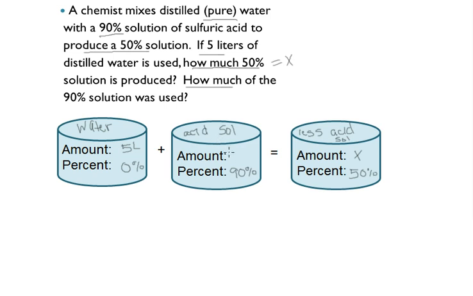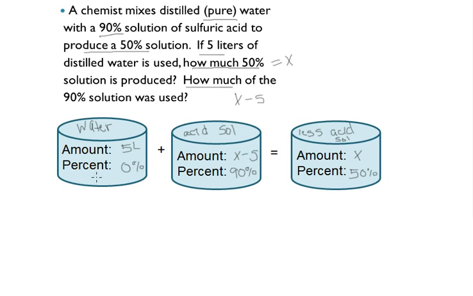So I need to figure out a way to represent the 90% solution. Just like the 2 total problems, I know that the total amount is x and that 5 liters of that amount is water. So I can represent the 90% acid solution as the total minus the 1 amount, just like we did in the 2 total problems.